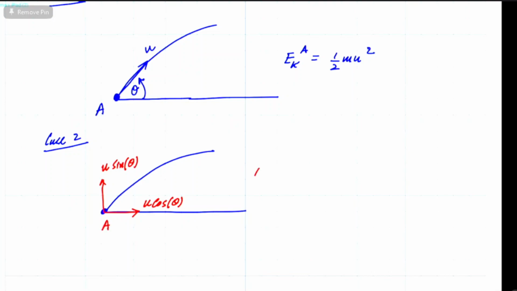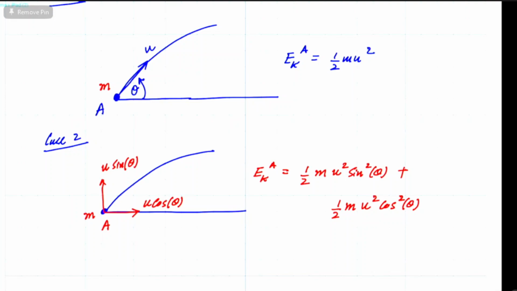So what about the kinetic energy at A? Half into m, mass m, right? Now I'm going to use the vertical velocity here, which is u squared sin squared theta. Plus, I have to consider the horizontal as well, right? Half into m u squared cos squared theta. I'm bringing you to a different level in our understanding.